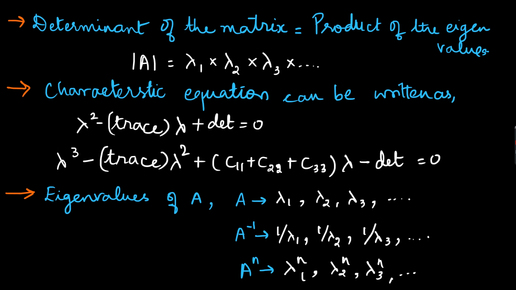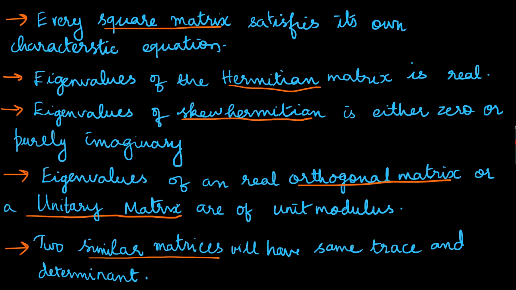You can just raise the eigenvalues of A to the power n: lambda 1 to the power n, lambda 2 to the power n, lambda 3 to the power n. So it's easy. You have to remember these properties. When you solve the problem, it will just remind you that you have read something somewhere.